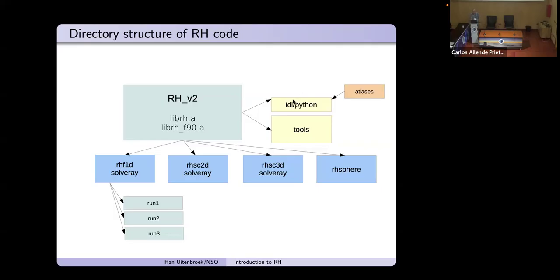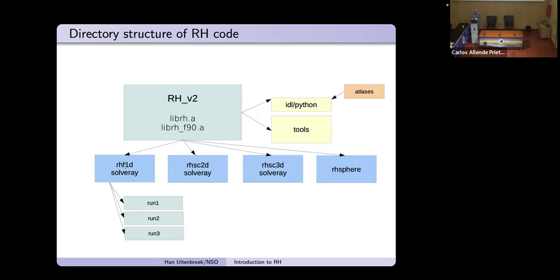Then there are routines, IDL and Python, 2 directories. There's an atlas that comes with the package from GitHub that has a solar intensity atlas at disk center. And there are some tools, for instance, tools to make an arbitrarily large hydrogen model atom, and tools to calculate some approximations for collisions if you can't find them in databases. There's a routine to transform Kurucz type atmospheres to RH style input files.